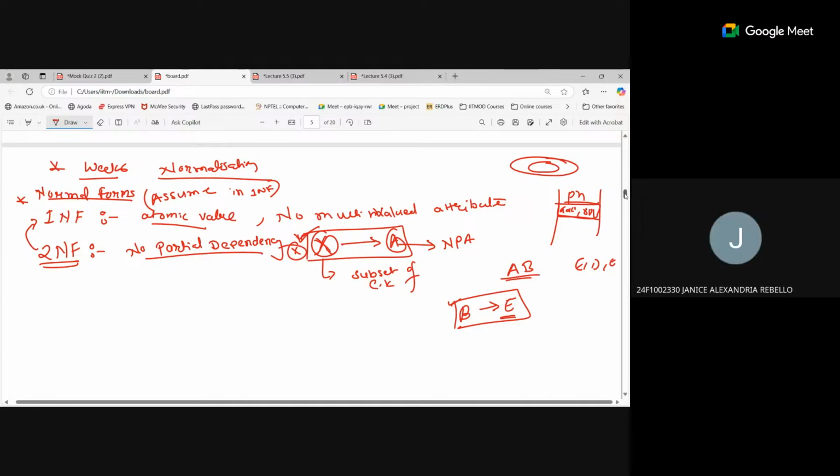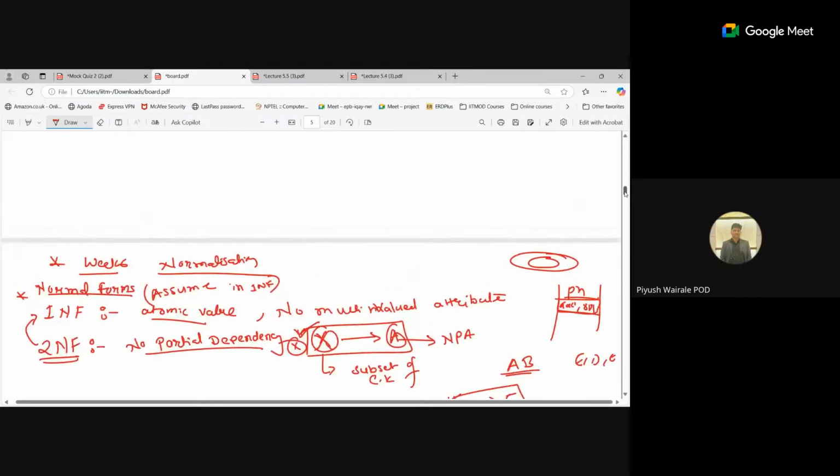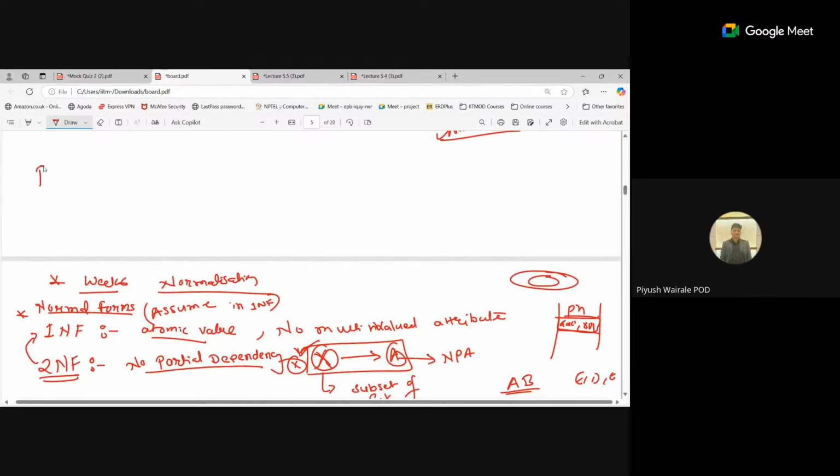Now what is prime? Is there a condition that the left side should be a super key in 2NF? No. So what is a prime and what is a non-prime attribute? Prime attributes are attributes which are part of a candidate key. Non-prime attributes are the remaining attributes apart from the candidate key.